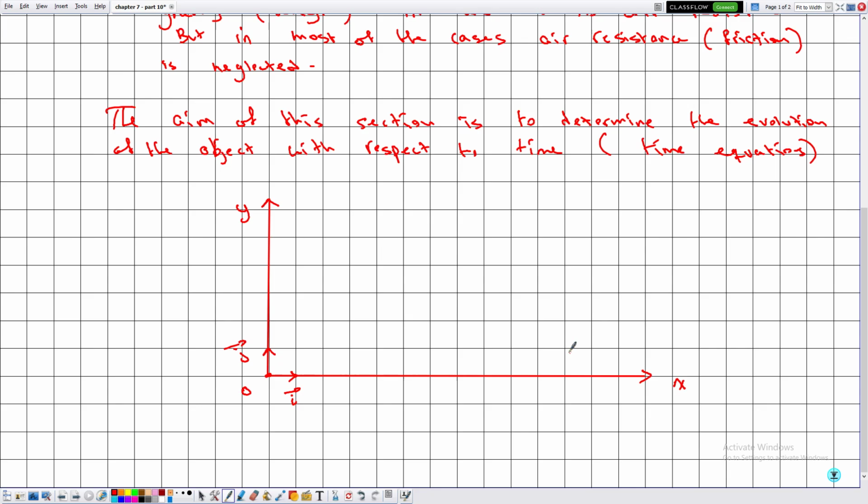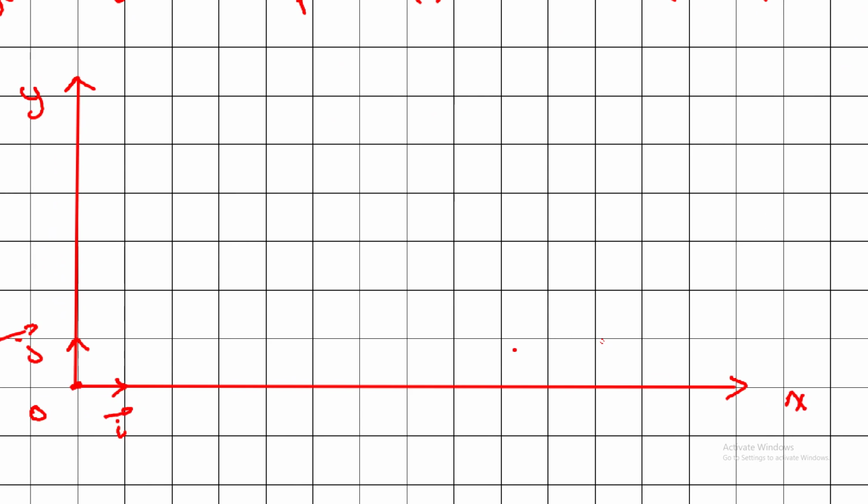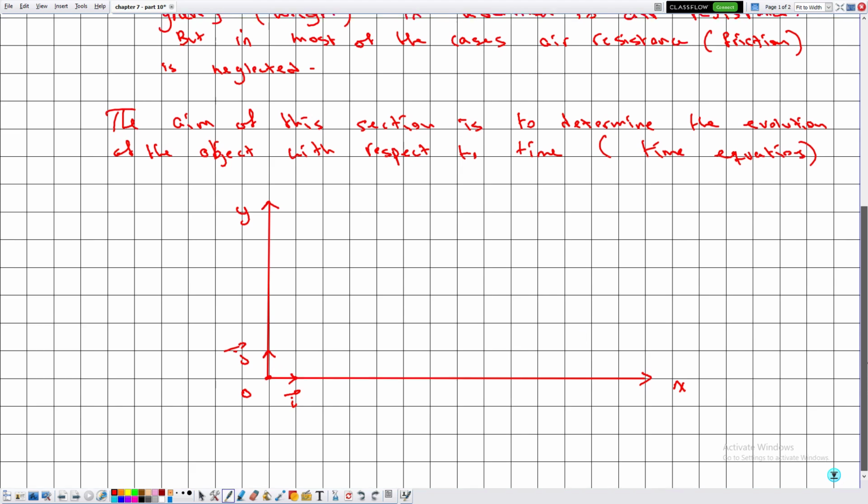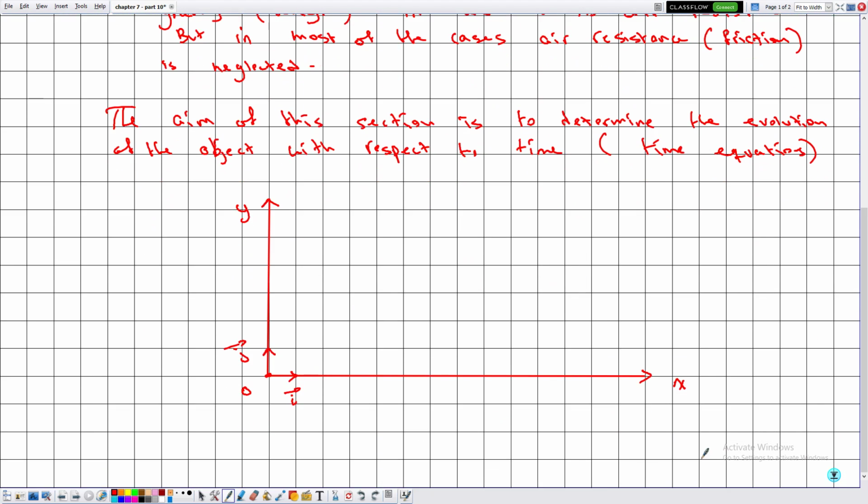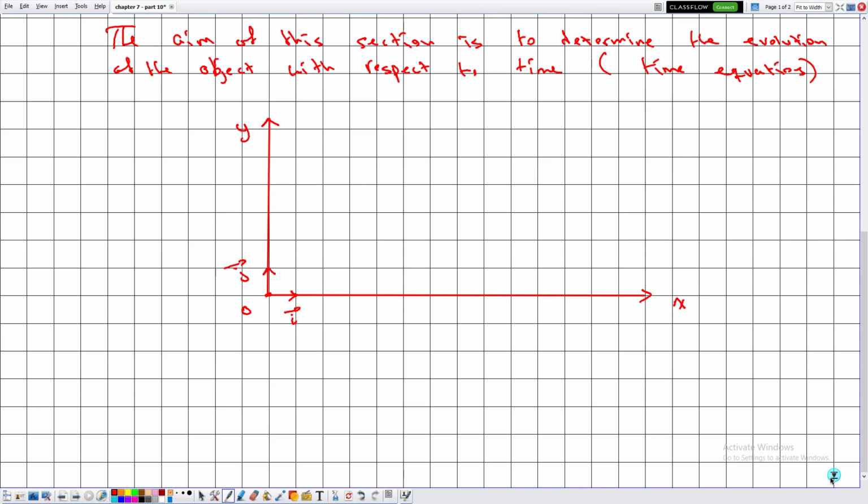Notice that this xy plane represents the real plane, okay?